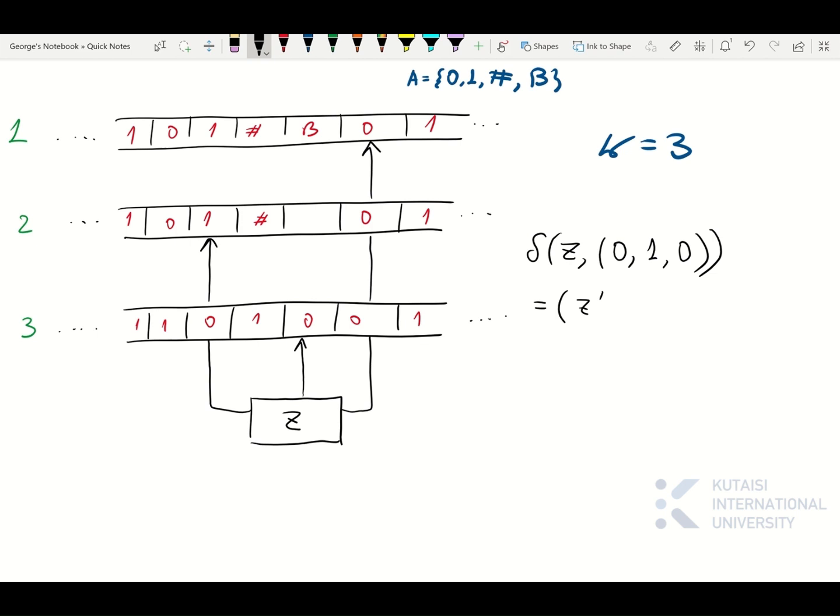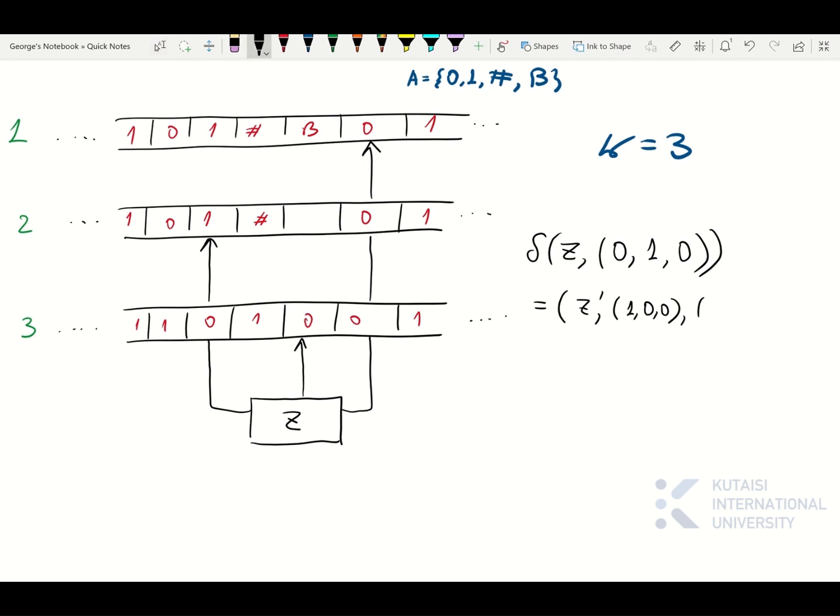It might change a state. Then it will overwrite these symbols. Maybe it writes, just for an example, 1, 0, 0. That means it's going to write 1 here, 0 here, and 0 here. And then it will make a head movement.